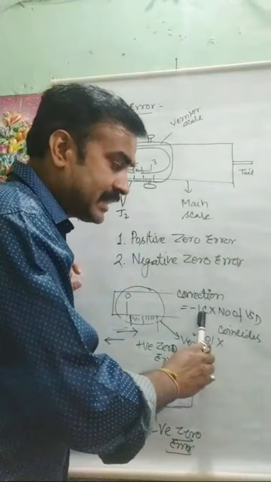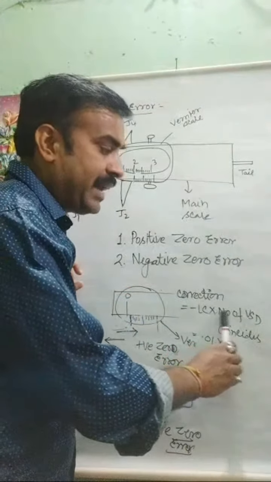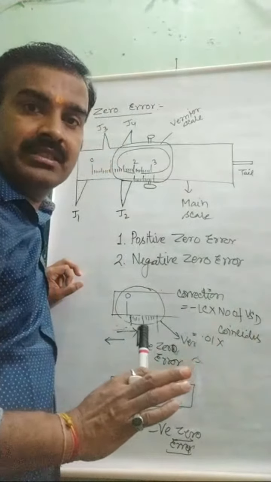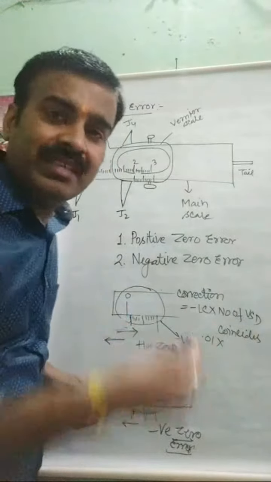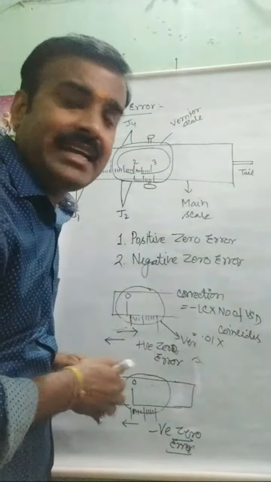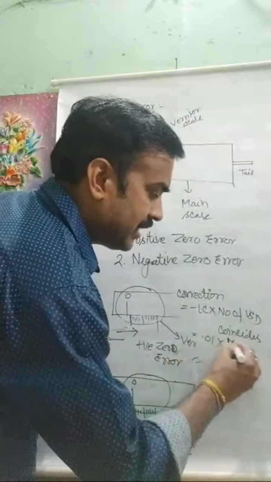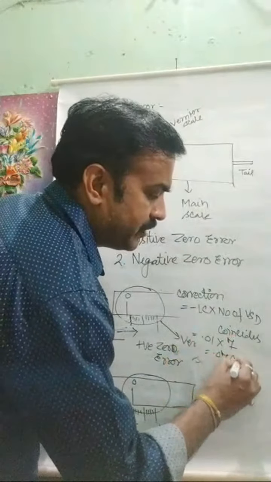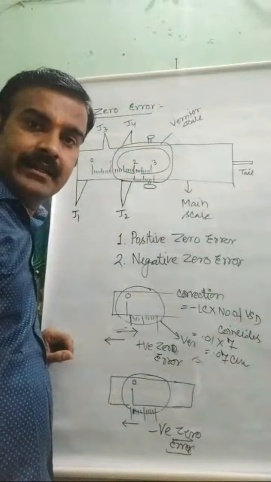That means least count multiplied by the number of Vernier scale divisions that coincide. Suppose the seventh division coincides, so we write 0.01 into 7, which gives 0.07 centimeter.